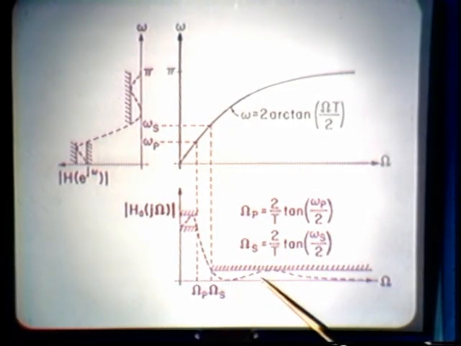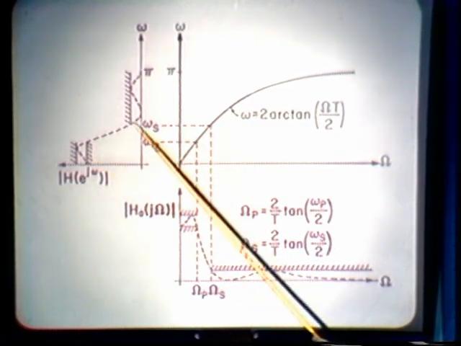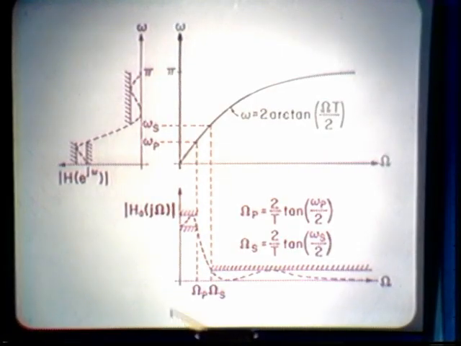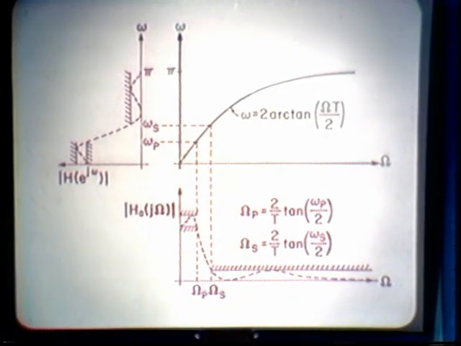So the important point here then is that for piecewise constant frequency characteristics and specifications, it really is only the critical frequencies that we care about, the edge of the passband, the edge of the stop band, and in the multiple band case, of course, there will be a number of those.